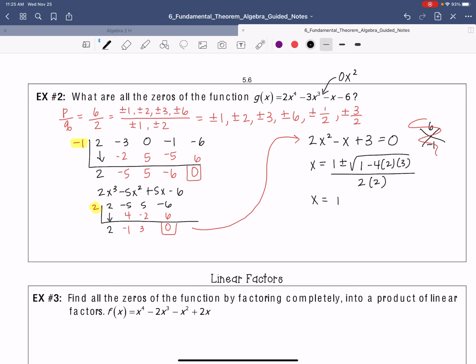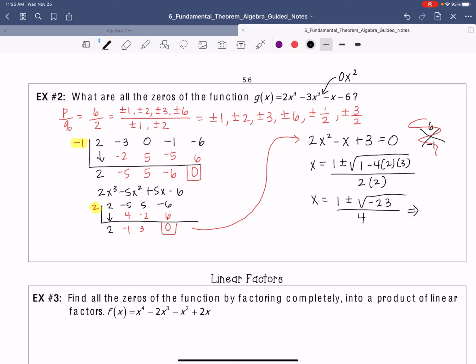I'm going to get x equals 1 plus or minus square root of, that's what, -23 over 4. Okay, simplify your radicals. Some of you guys want to leave it like this. This is not simplified. You are not allowed to have a negative inside of a radical. So what do you do when we have a negative inside the radical? You pull out a -1, which is really i.